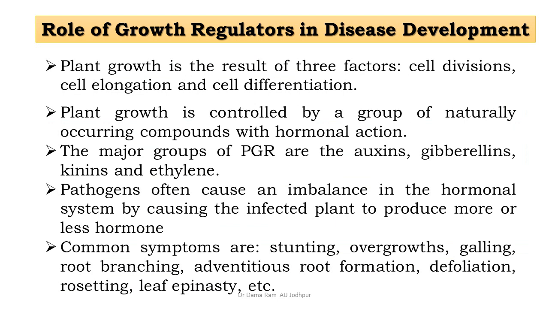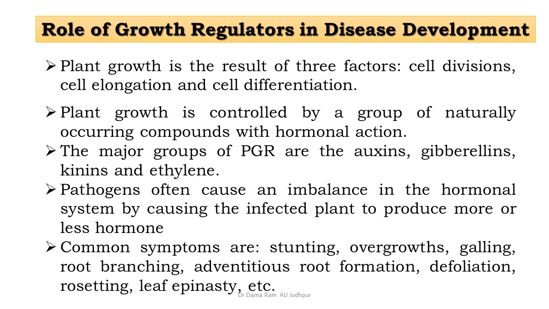Now come to the role of growth regulators in disease development. As you know, plant growth is the result of three factors: cell division, cell elongation and cell differentiation. Growth regulators are mainly divided in two parts: growth promoting substances and growth inhibiting substances.